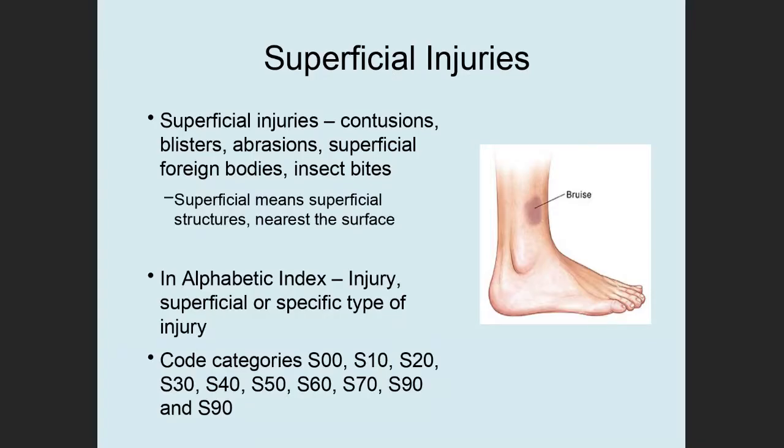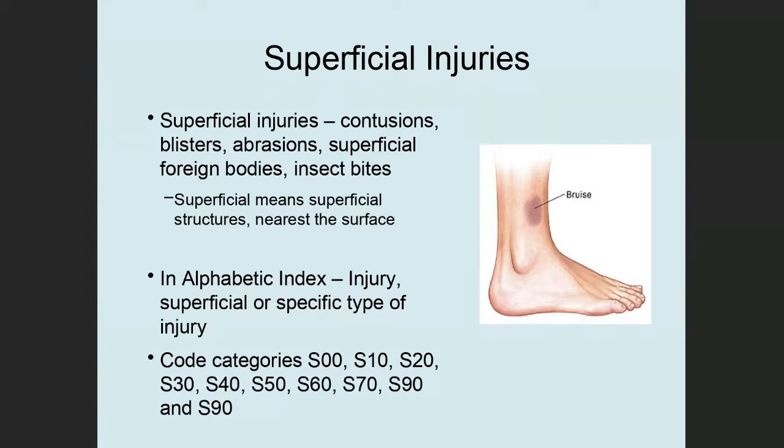So let's start with superficial injuries. A superficial injury includes contusions, blisters, abrasions, superficial foreign body, and insect bites. Now these are called superficial, not because necessarily they are minor, but because they involve the body structures near the surface, the blood vessels near the surface, the skin, the underlying tissues of the skin near the surface.